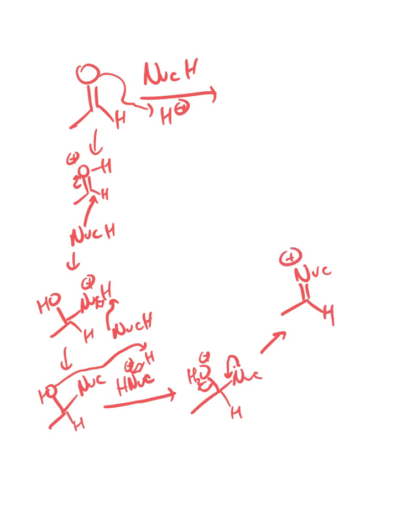Now remember what chapter we're in. We're in the chapter on ketones and aldehydes, carbonyls. So all of these reactions are going to go through a carbonyl equivalent, a carbon double bond to a more electronegative atom.